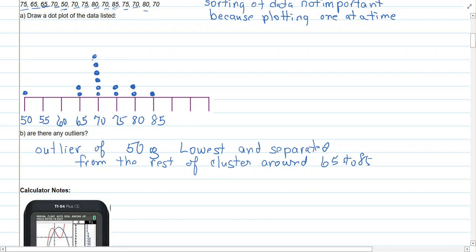So the majority of the data is pretty much aligned with this grouping. And all of a sudden, we can recognize an outlier using this dot plot.